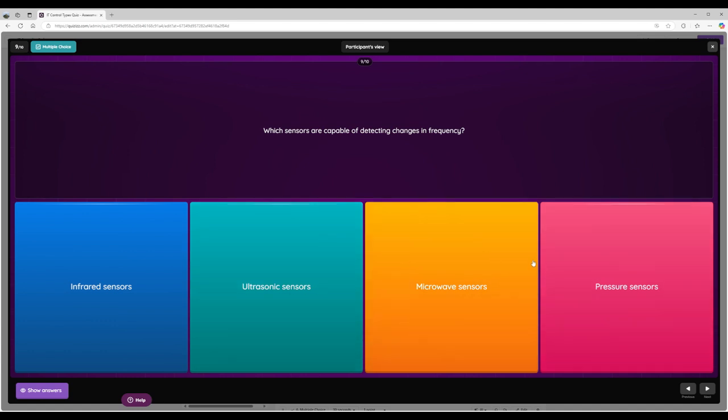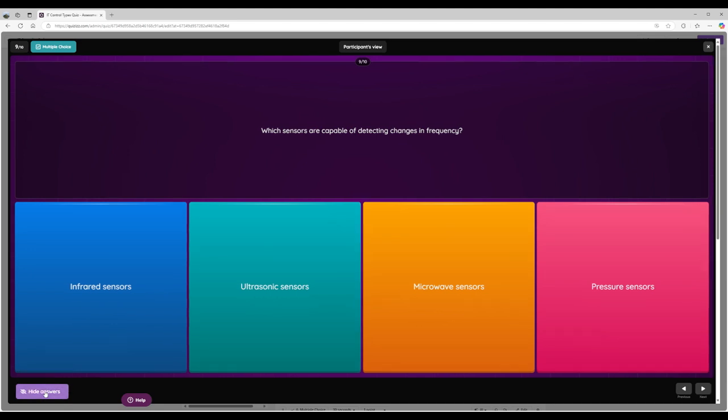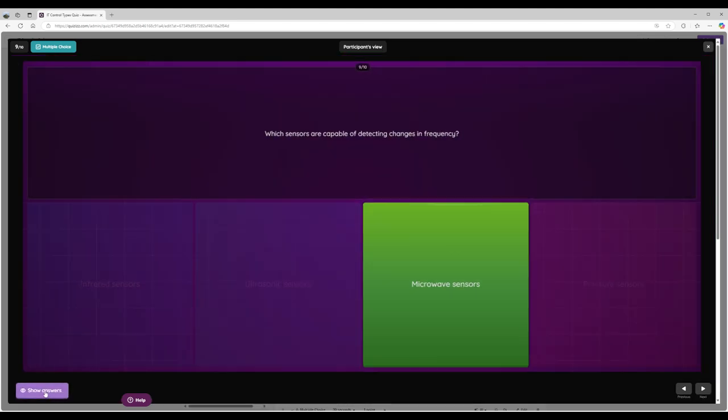A microwave sensor can detect changes in frequency because they use microwave radiation to detect motion, making them suitable for motion detection applications. So we can link this to the microwave that we use at home. So once during your study, as you're doing now, you come across this, you know that a microwave sensor is a sensor that is capable of detecting changes in frequency. So the answer is a microwave sensor.